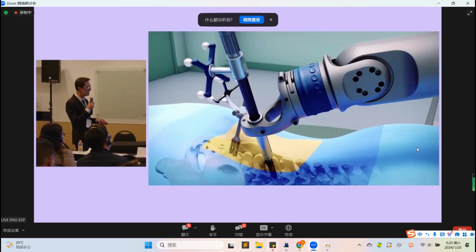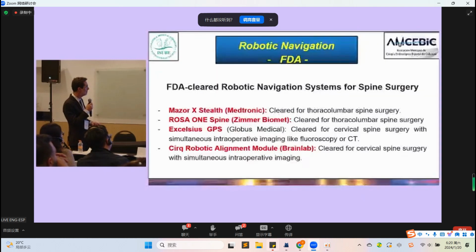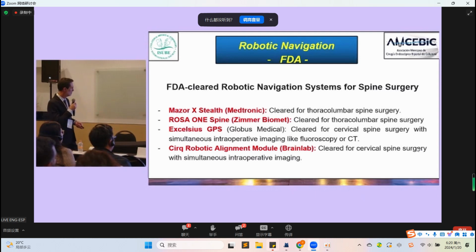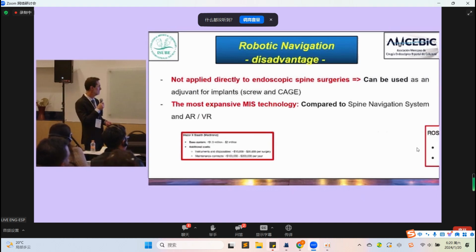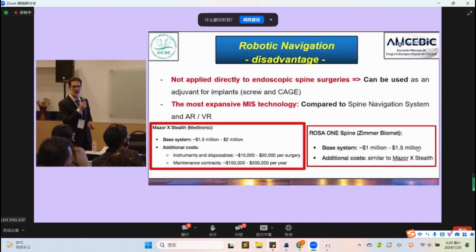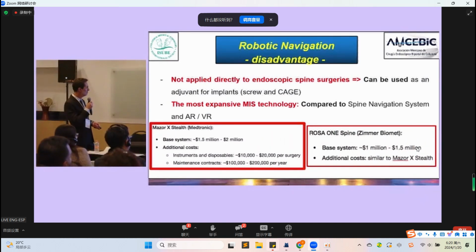This is the main difference between spinal navigation with freehand and with a robotic arm. FDA-cleared navigation systems for spine: Mazor, Rosa, Excelsius, and Circ Robotic. The problem is the price, it is the most expensive MIS technology.